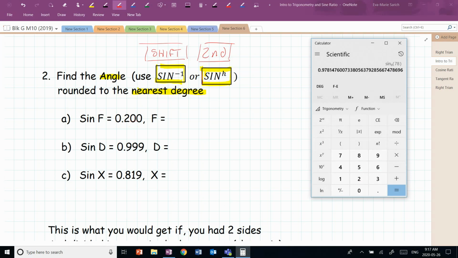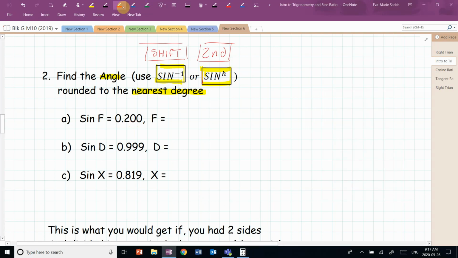Let's give an idea of what you might have to press. You might have to press the second function or the shift button, and then you press the sine key. When you do that, these two things give you sine inverse, okay? And then you're going to press the ratio, which is 0.2, okay? And then you're going to press the equals sign, okay?